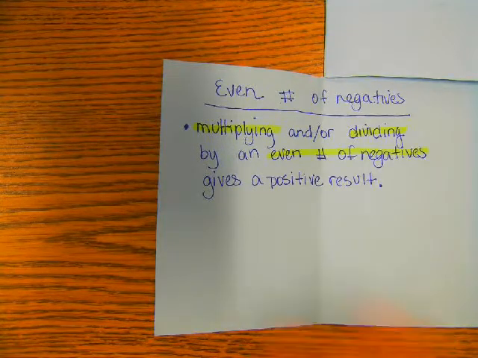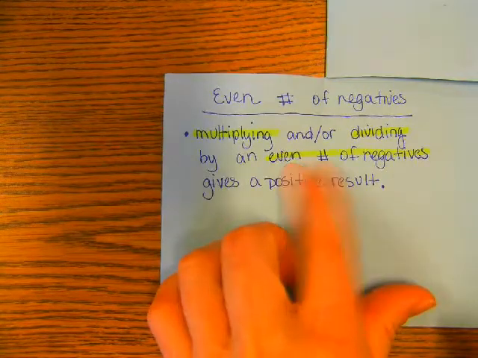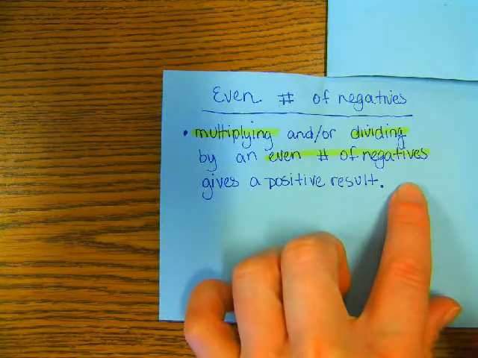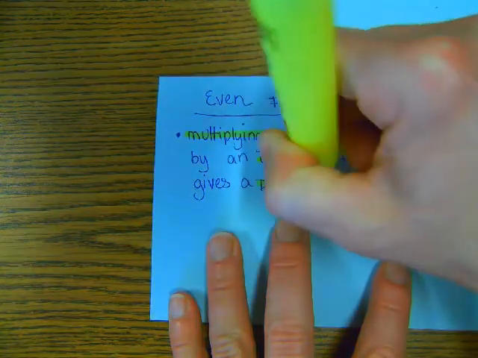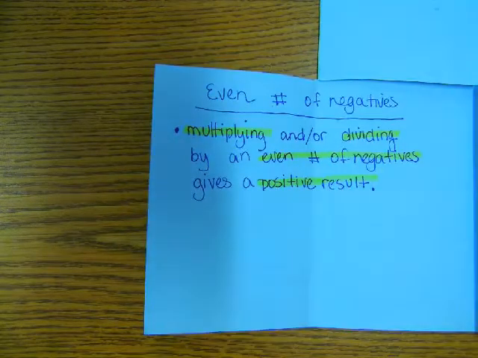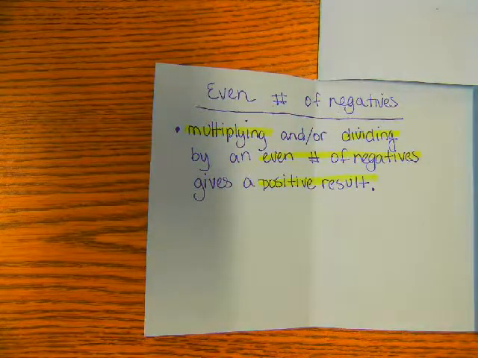So what I mean is when you're looking through the entire problem and it's all multiplication and division, if you see an even number of negatives, that's always going to give you a positive result. Because really what that means is the opposite of a negative, and if you keep doing that process over and over, every time you get 2 of them together, that makes the result positive. So let me give you 2 examples for that.